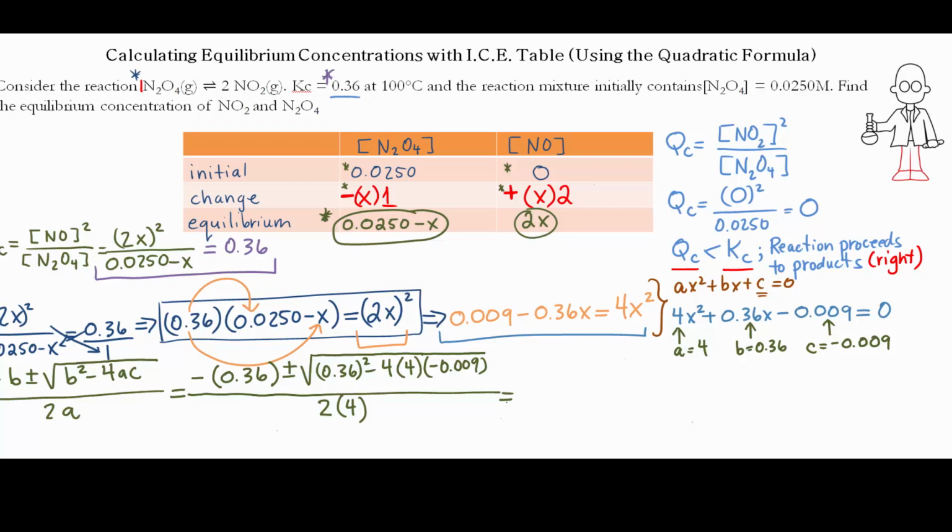So what that is going to simplify to is I'm going to have negative 0.36 plus or minus.